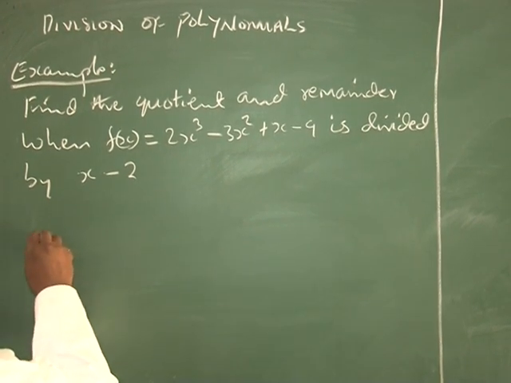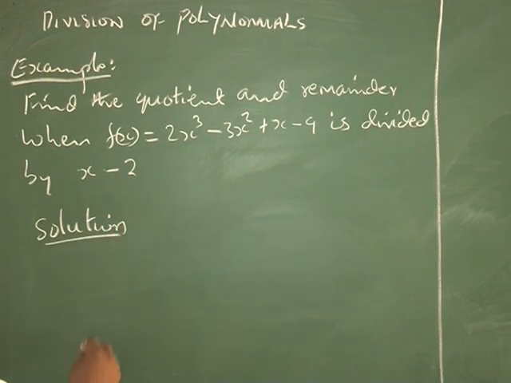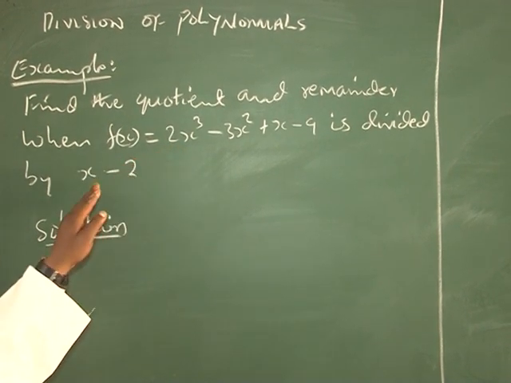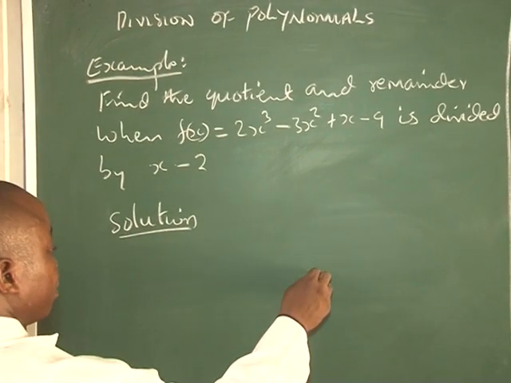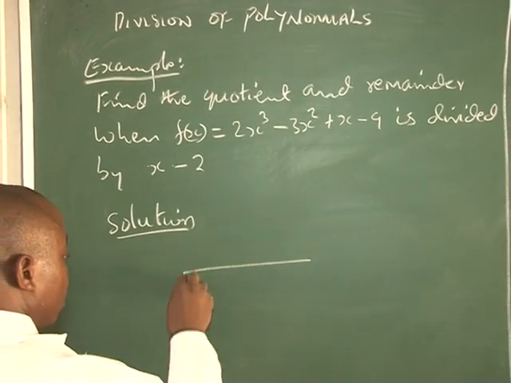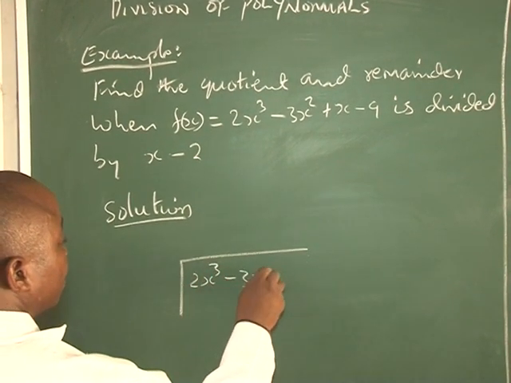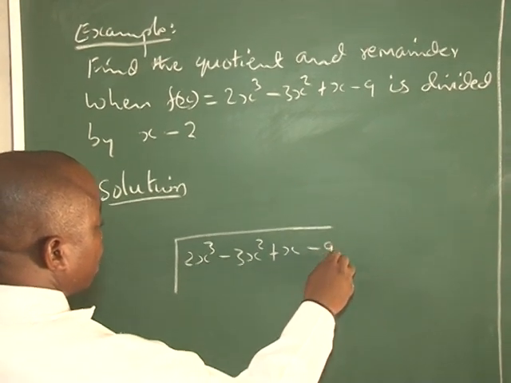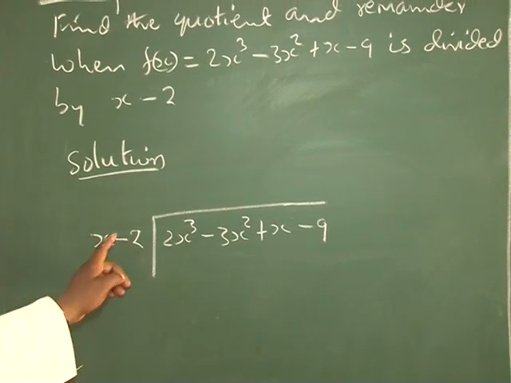Now we take the solution. You know, f of x is divided by x minus 2. So by long division method, we'll have x cubed minus 3x squared plus x minus 9 divided by x minus 2.